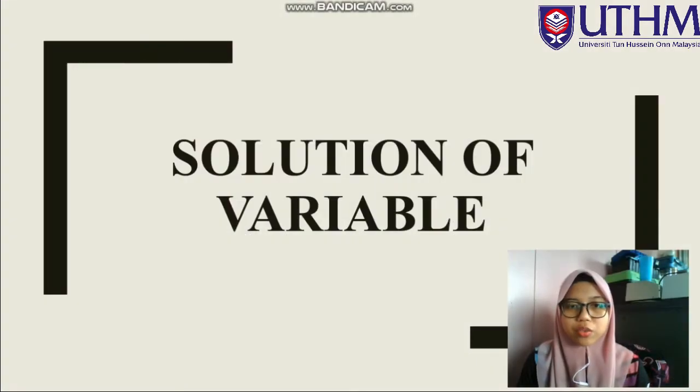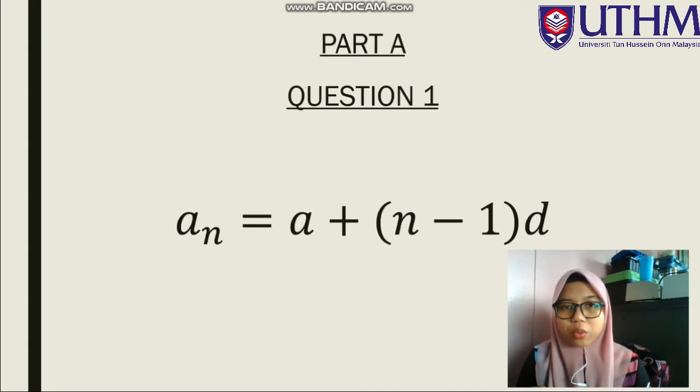My name is Shafiqa Binti Roshanizam, matric number AA2002-91. So, solution of algebra. For part A, question 1, we use this formula which is an equals a plus (n minus 1)d. So an is the nth term in the sequence, a is the first term in the sequence, and d is the common difference between terms.